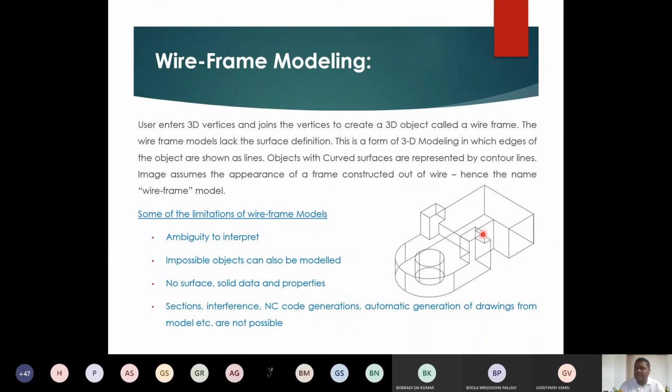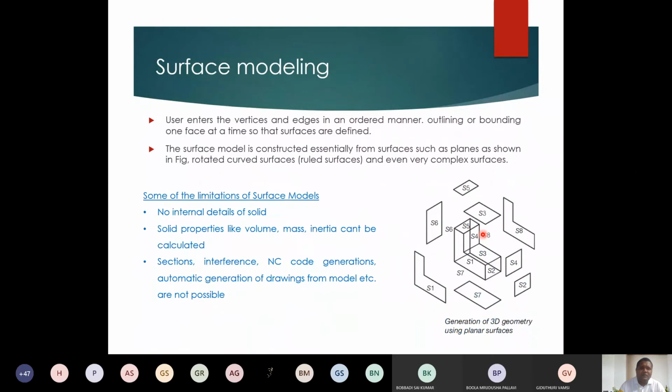Now coming to the surface model, which is another geometric modeling technique, which evolved from the limitations of the wireframe model. People started going for the next level, which is a surface model. Here also, if you look at it, it is the same kind of solid.